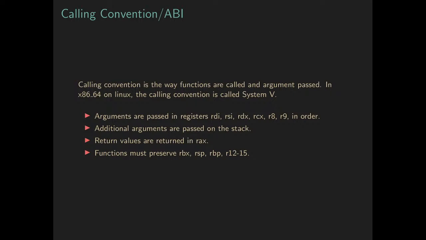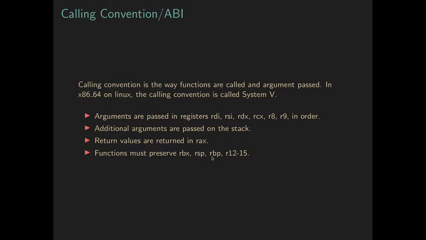When we're looking at arguments, we have this order of registers that we pass them in: RDI, RSI, RDX, RCX, R8, R9, in that order. And if we have any more arguments, we pass them on the stack. When we return a value, we return it in the register RAX.